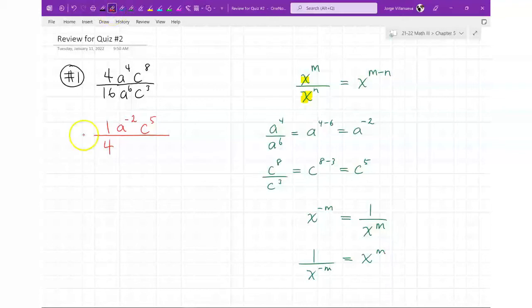So that means that my final answer here will be c to the fifth, because 1 times c to the fifth is just c to the fifth, and then 4a squared. And that's my answer to this problem. Okay, that's been simplified.